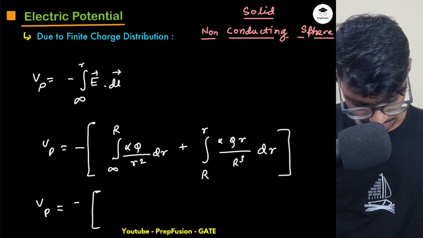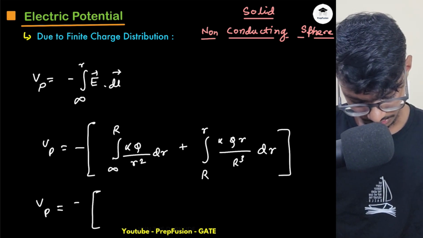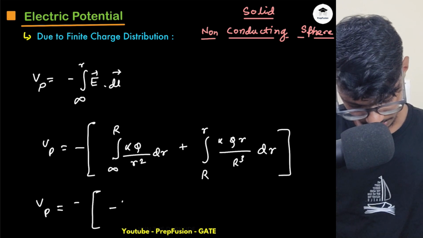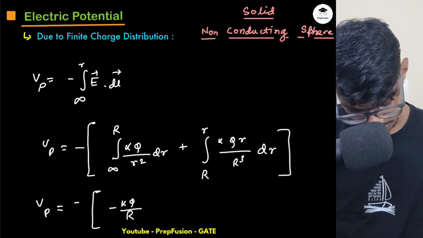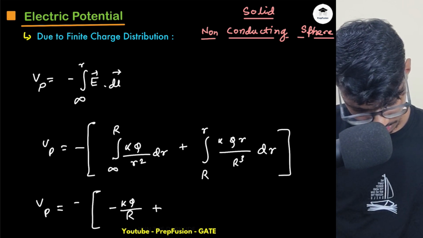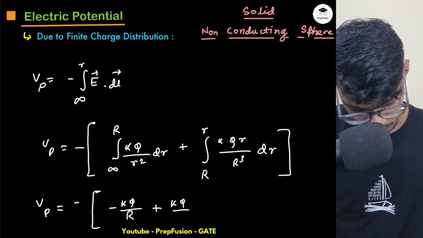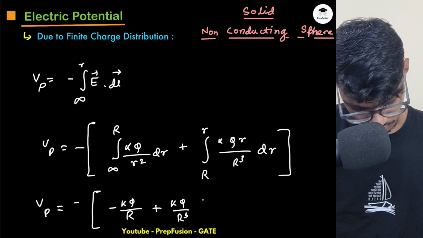If I just integrate it, minus will still be there, and this will be minus kq by capital R. The minus sign is outside, that is fine, that part is anyway 0, plus kq by r cube is outside, and this will be r square by 2.